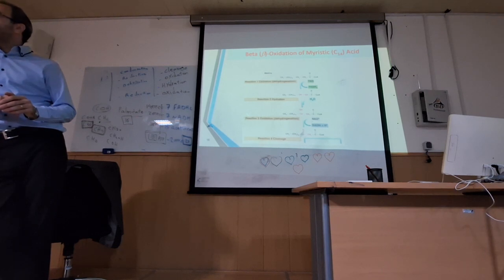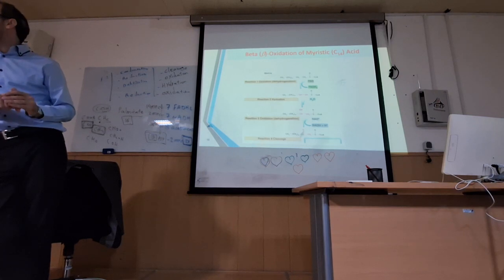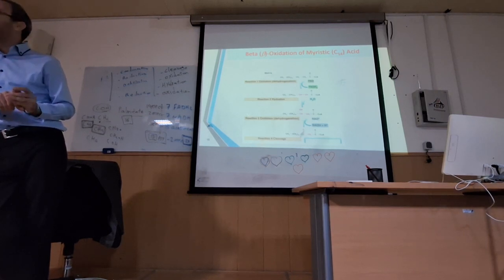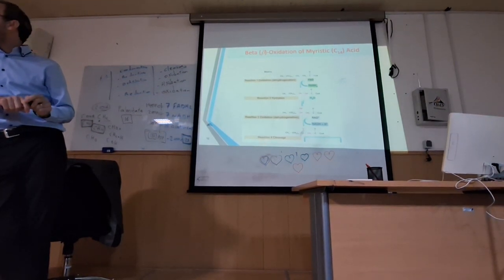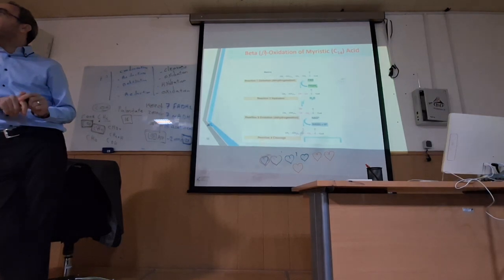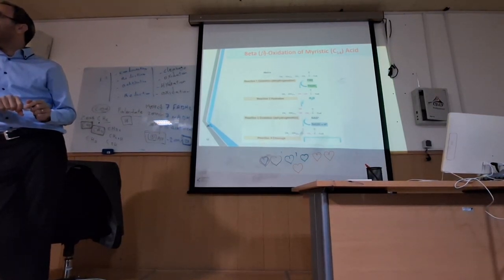14 carbons? 14 carbons, by Google. No, by what? By the slides. He used Google instead of looking at the slides. ChatGPT. Yeah. So you can also send a message to the FBI to help you find the number of carbons of myristic acid.